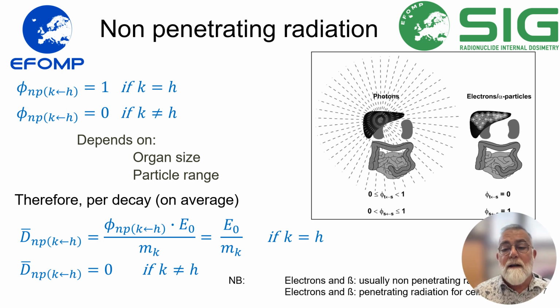In real life, you can safely assume that electrons and beta radiation are non-penetrating at the organ macroscopic scale. But bear in mind that they can become penetrating radiation at the cellular scale.